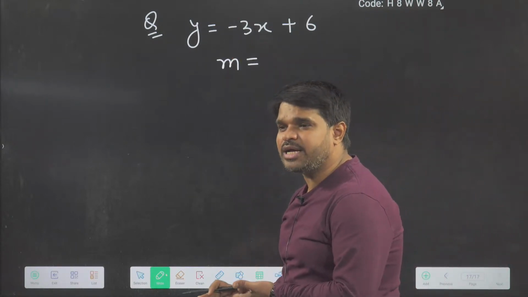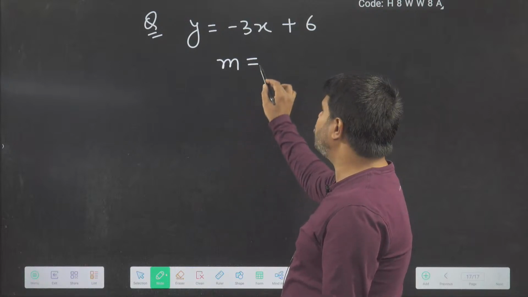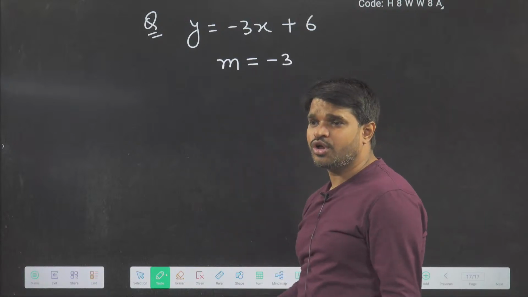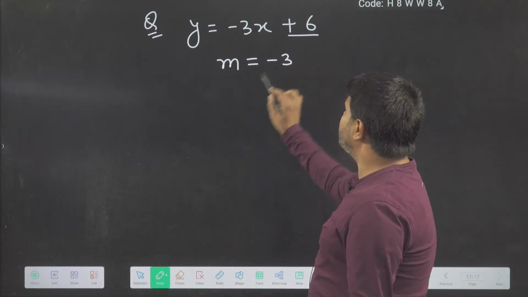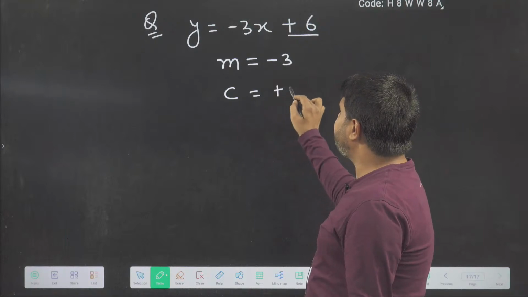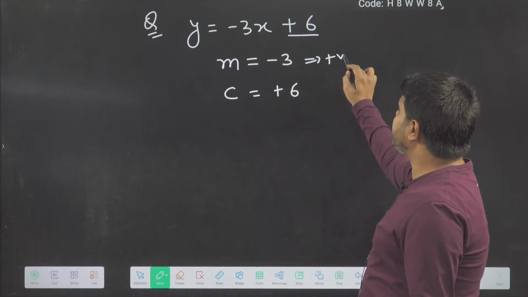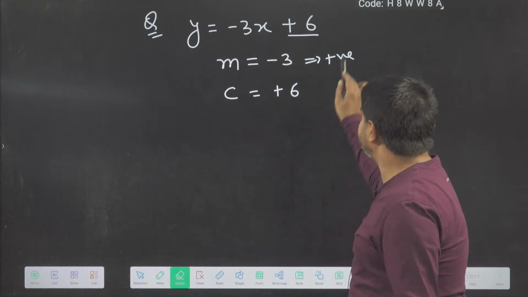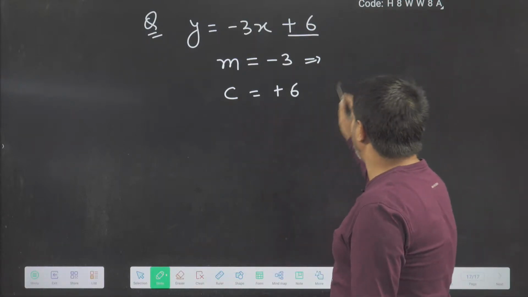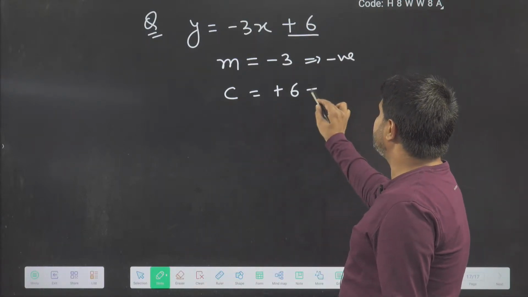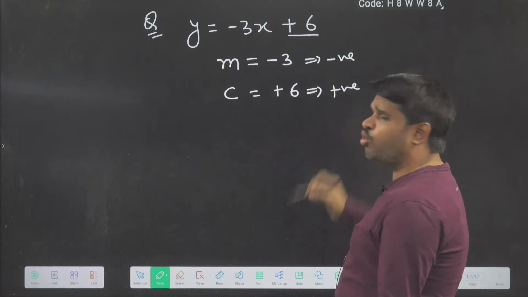Compare it with mx plus c. What is the m value? Minus 3. What is the c value? Plus 6. Okay. So slope positive, sorry, negative. Slope negative, c positive.